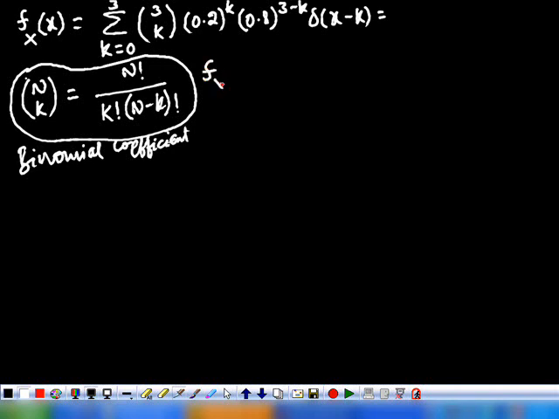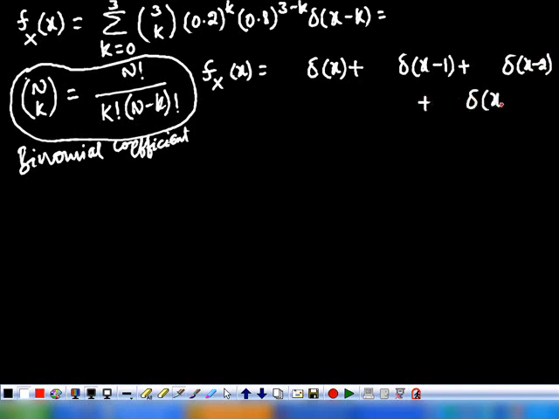That is, we can write fX of x is equivalent to something into delta of x, plus something into delta of x minus 1, plus something into delta of x minus 2, plus delta of x minus 3.